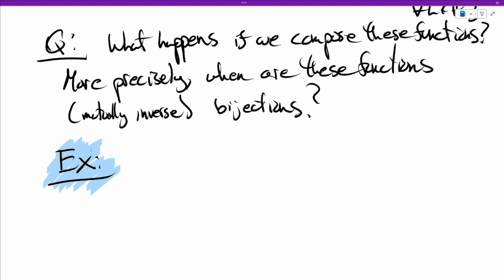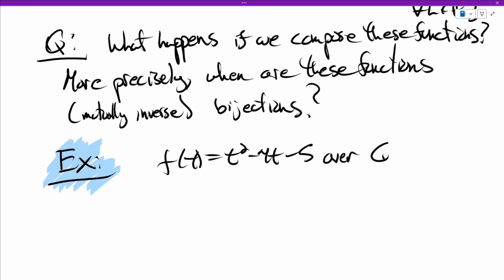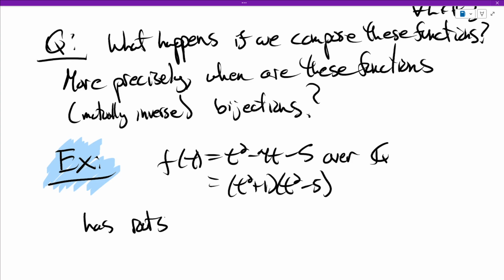In our motivating example, we had the polynomial t squared minus 4t minus 5 over Q. And this factored as t squared plus 1, t squared minus 5, or I might have done minus 2. I don't remember. I'm going to follow the example in the book, though. And so we had these roots, plus or minus i, plus or minus root 5. We had worked out what we thought was the Galois group.